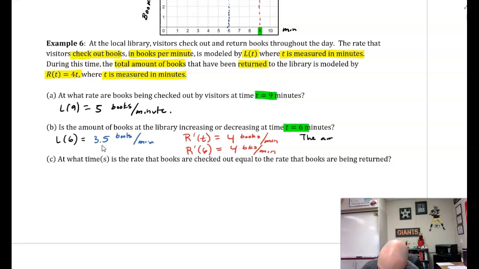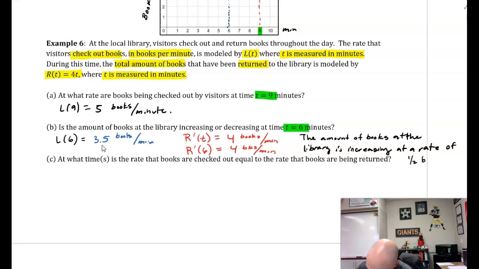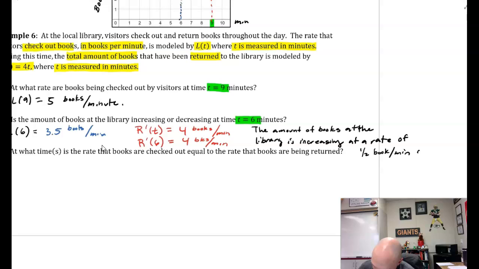The amount of books at the library is increasing at a rate of 1/2 book per minute at t equals 6 minutes. Okay.